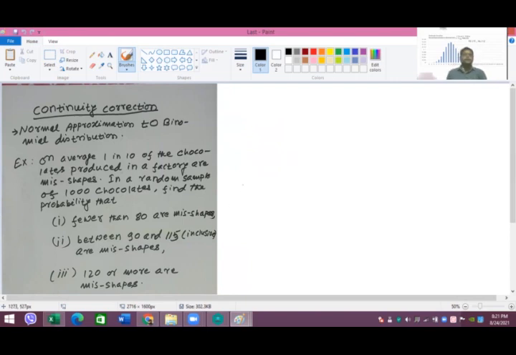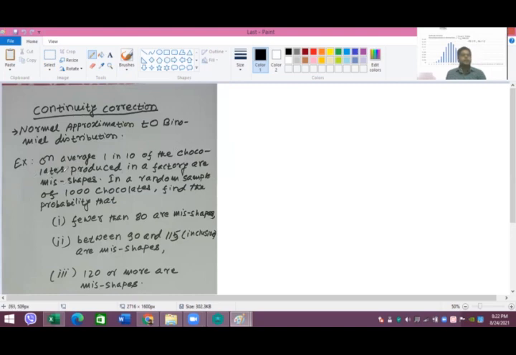Okay guys, lastly let's do this problem in order to apply the method of continuity correction to the case of binomial distribution. So here you can see in this question is the normal approximation to the binomial distribution. This is an example where the normal approximation to the binomial distribution is applicable.